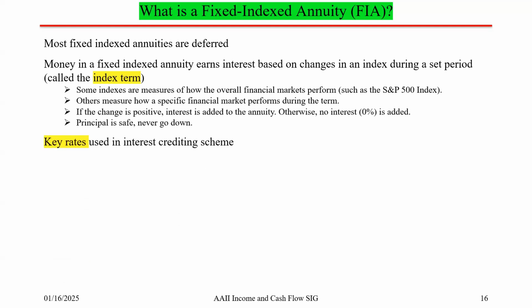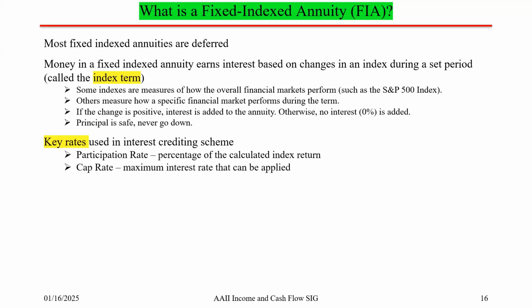So there are 3 rates you must understand. There's a participation rate, which is the percentage of the index return that counts. I don't think it's ever negative, but it goes from 0. It doesn't make sense to be 0 either, but it's a positive number. It goes even higher than 100%.